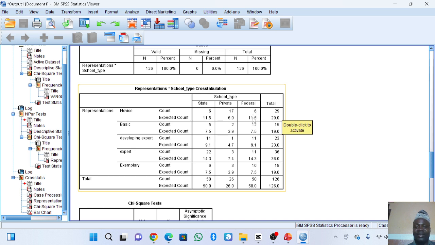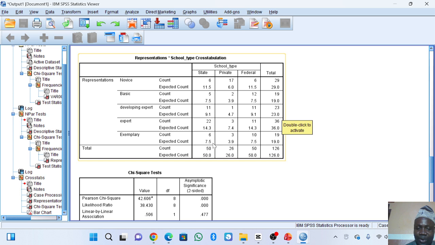So you can see between the novice level, what we did for goodness of fit, they did it to check the spread. The same thing for basic count. This is the distribution that was expected for state and federal, but the observed is different from that. Same way as we go on like that.